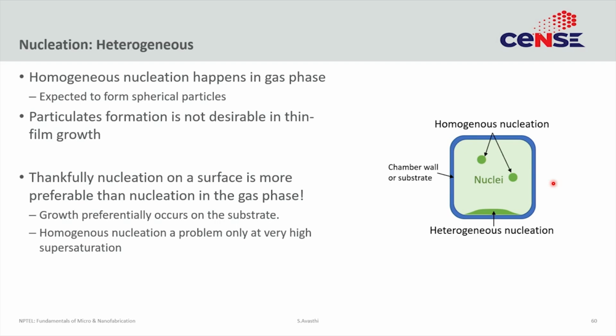So, silane will break down into silicon atoms, those silicon atoms will form these particles, and those particles will rain down on your wafer, but not give you a film. It does not happen because homogeneous nucleation is less probable, heterogeneous nucleation is more probable. So, you actually start depositing on the wafer before you start nucleating in the vapor.